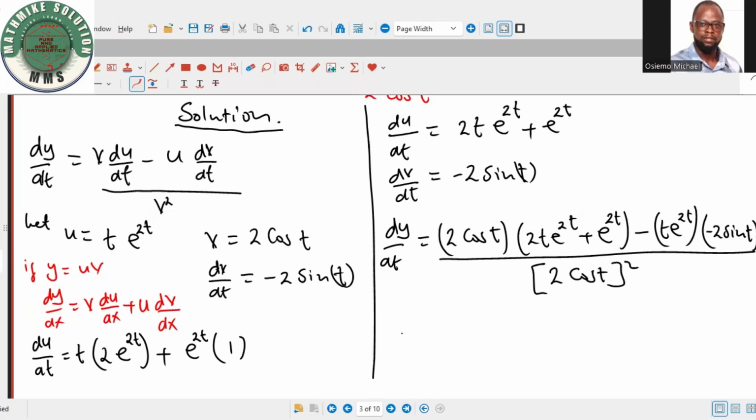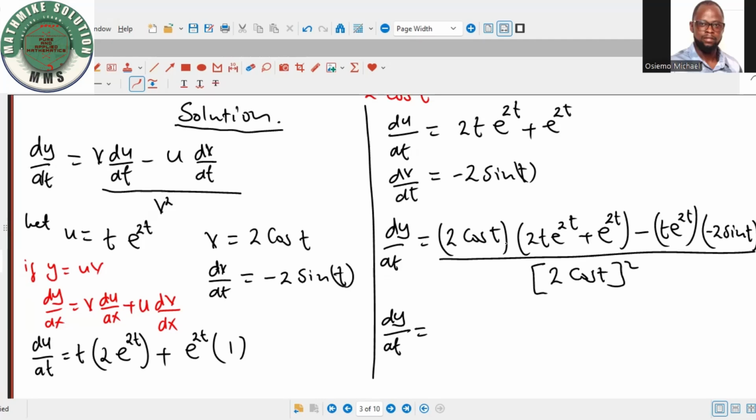So we can try to simplify this. dy/dt will be equal to, you can realize that we have a common factor, which is exponential 2t. But you can still first of all maybe open up the bracket.